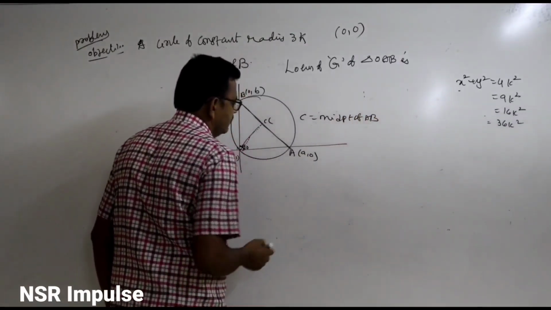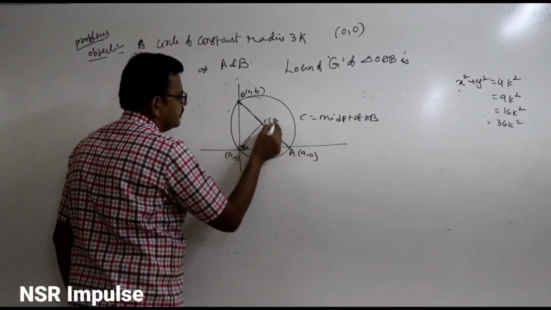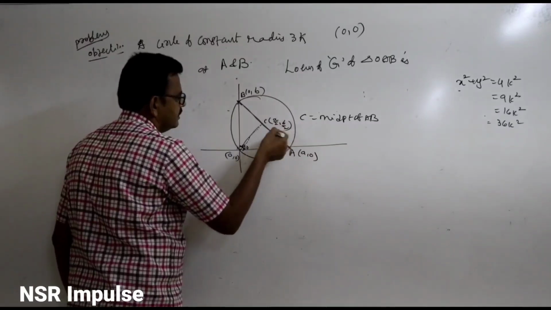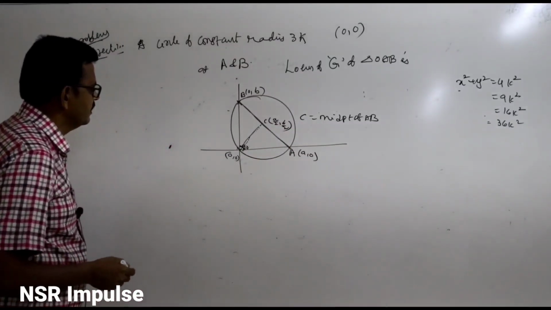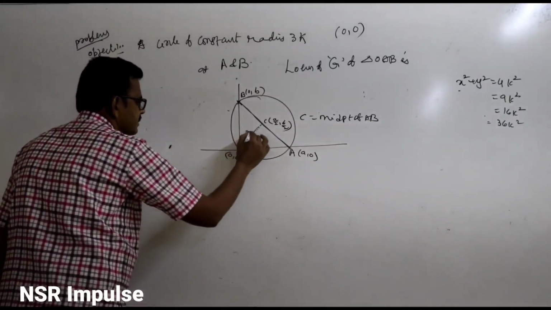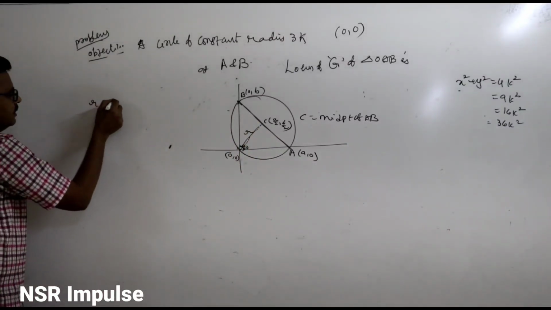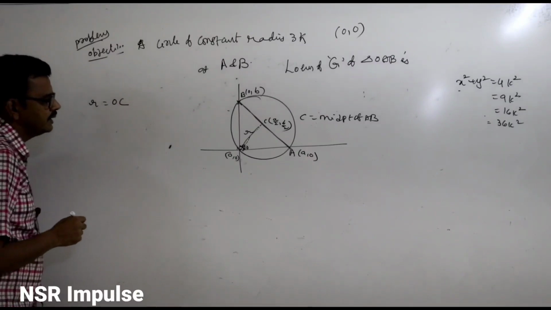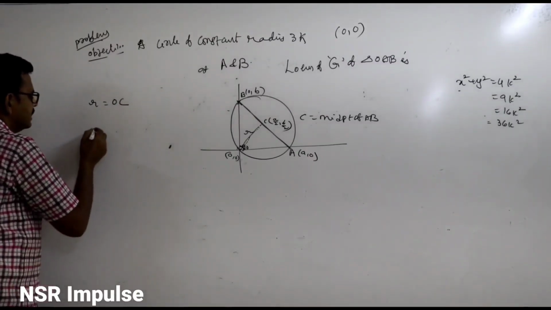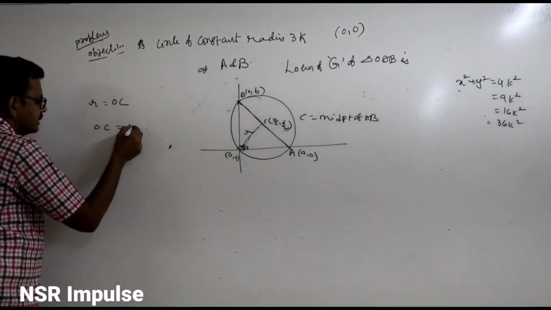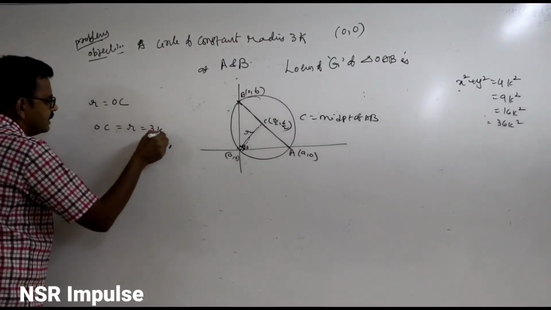Midpoint of AB is A by 2, B by 2. So this is radius. Radius is OC. That is OC is equal to radius, which is equal to given 3K.